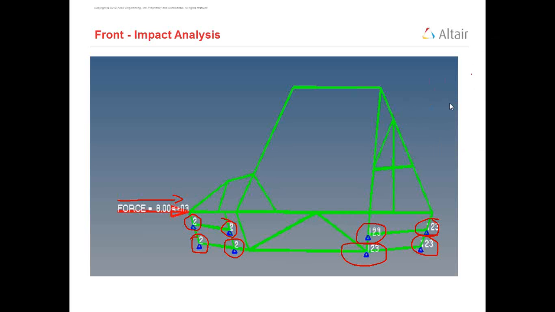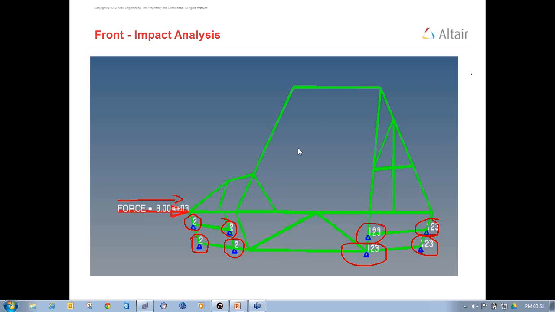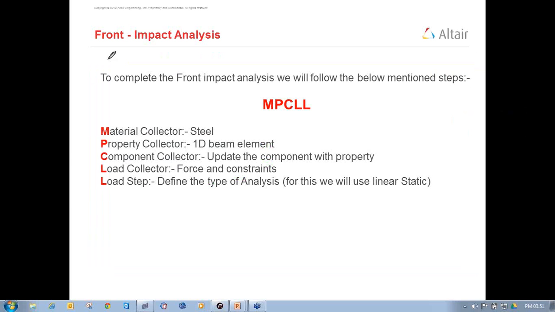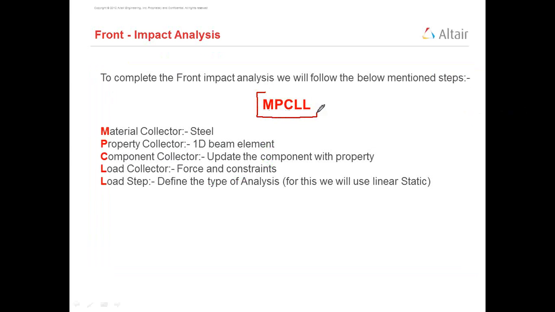The process which I am going to follow for the roll cage analysis will be MPCLL, where M stands for material collector. So I will create a material as steel. Then property collector: I will create the property for 1D beam element, because I am going to simulate this problem using 1D elements.